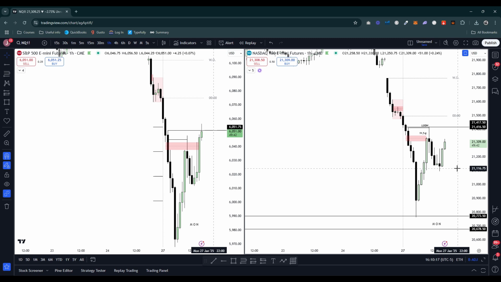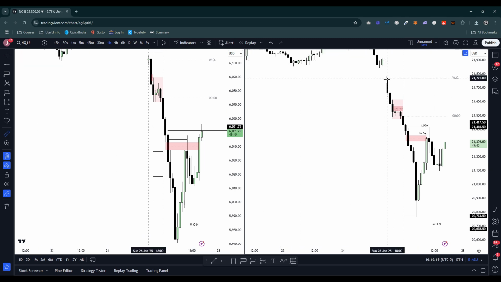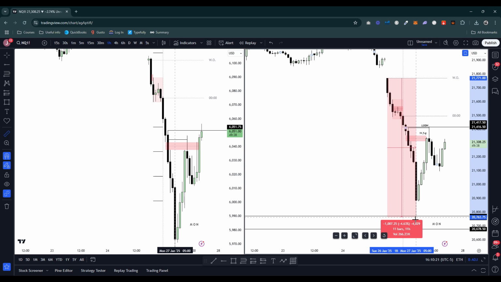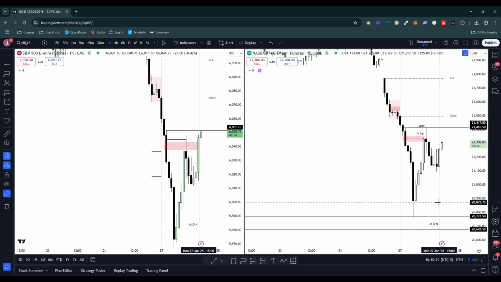So obviously today we had over 1,000, I think it was 1,007 point drop overnight, which is very unusual. From the Twitter chatter, I was looking at why this happened, and the only thing that I saw was that it was because of that new AI application called DeepSeek.